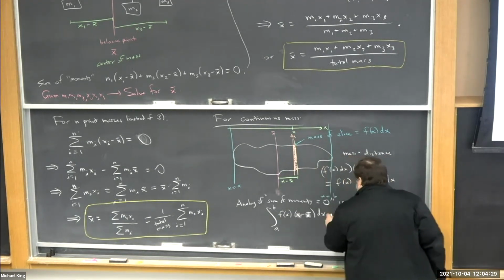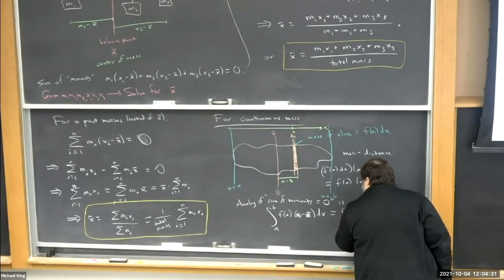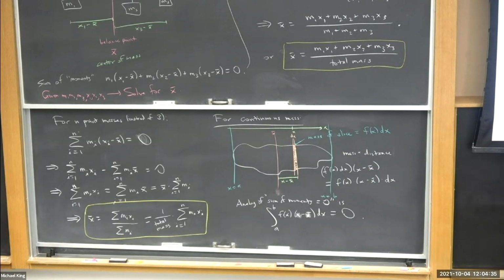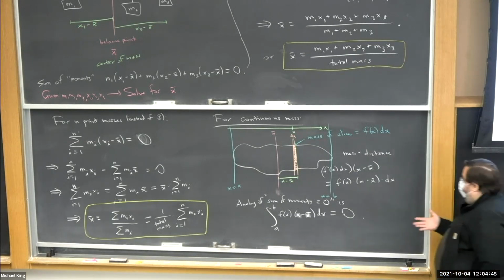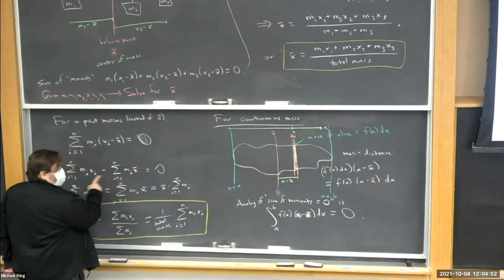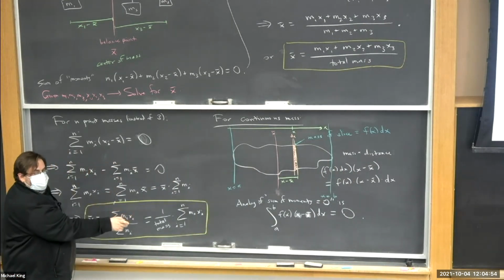Okay. So this is the analog of that, just that this integral equals 0. And the exact same algebra steps lead to the exact same formula. Like here I multiplied through by the mass, and then I split up the sum into two sums, and then I moved one over.